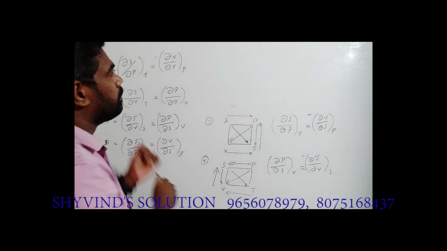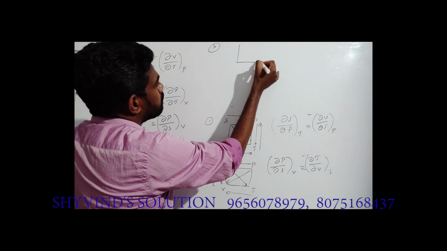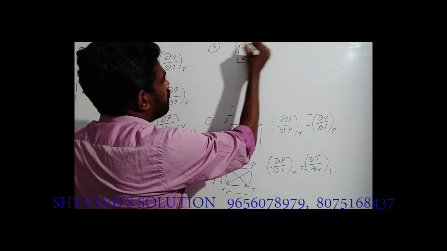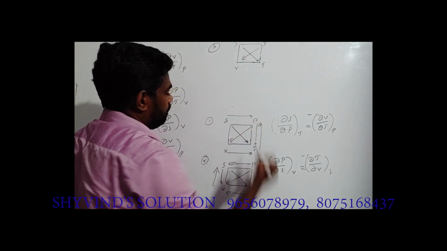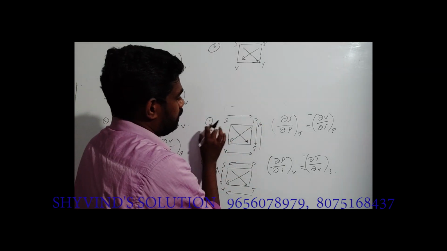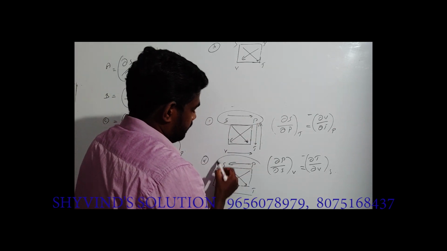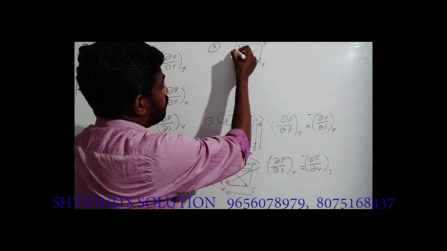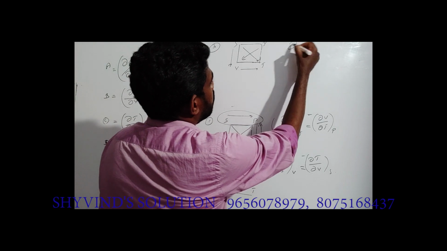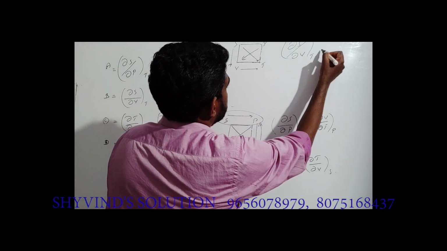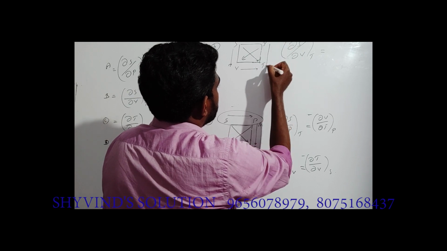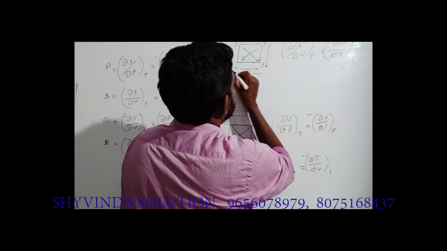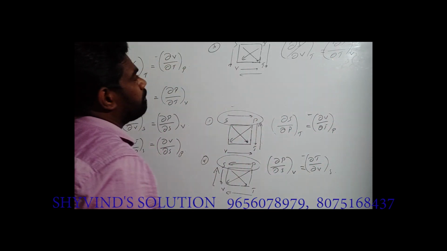Third one: we have the same box, S, P, T, V. We completed the relation between S and P. Now we have to look at the relation between S and V. Put an arrow like this: S and V. So dou S by dou V at constant T equals dou P by dou T at constant V. What about the sign?